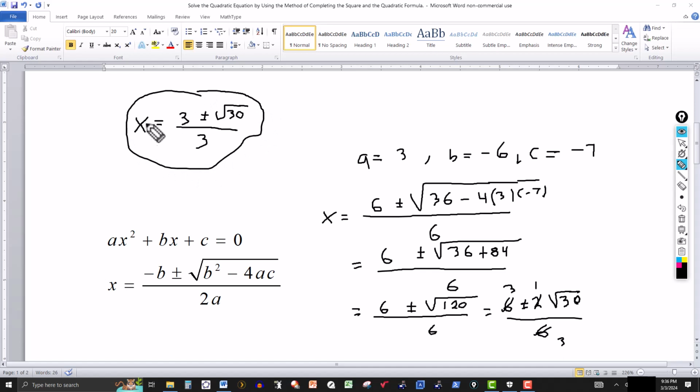So using the quadratic formula, we get x is equal to 3 plus or minus the square root of 30 over 3. So again, we have two solutions, 3 plus the square root of 30 over 3, and 3 minus the square root of 30 over 3.